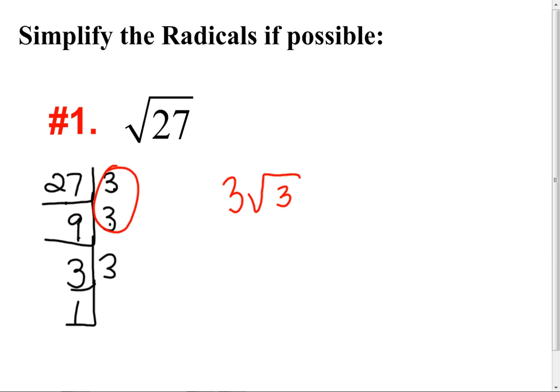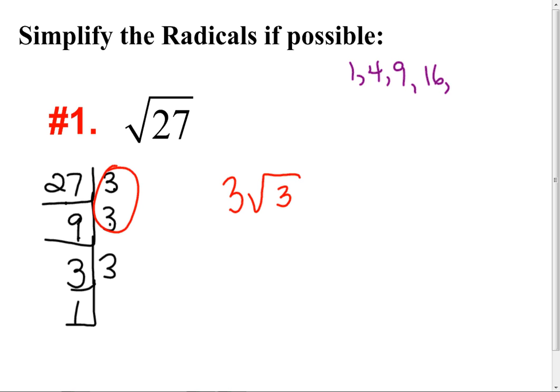But can you think of a perfect square that goes into 27? No. Perfect squares are 1, 4, 9. What's the next one? 4 squared. What's the next perfect square? 1 squared, 2 squared, 3 squared, 4 squared is? 16.